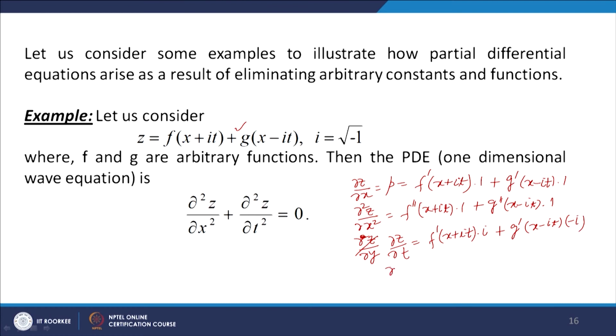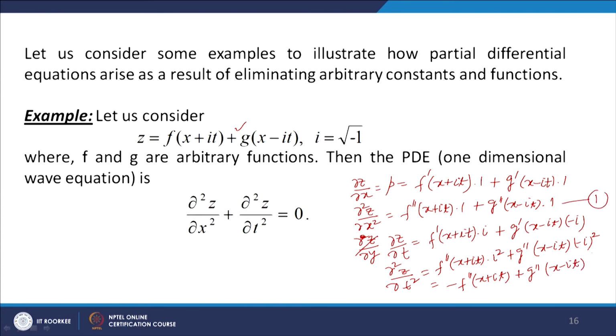When we differentiate it once more with respect to t, we get f double prime (x plus it) into i squared, and here g double prime (x minus it) into minus i whole squared. So, this will be minus f double prime (x plus it) minus g double prime (x minus it). Now, let us call it equation 1 and this as equation 2.